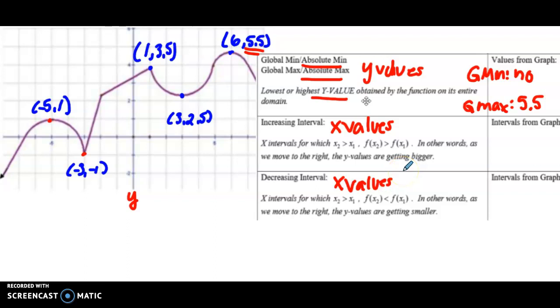You're going to say, where are my y values getting bigger for increasing, and where are the y values getting smaller for decreasing. So increasing, I just think walking uphill. Decreasing, I think walking downhill. And you're also going to use parentheses here.